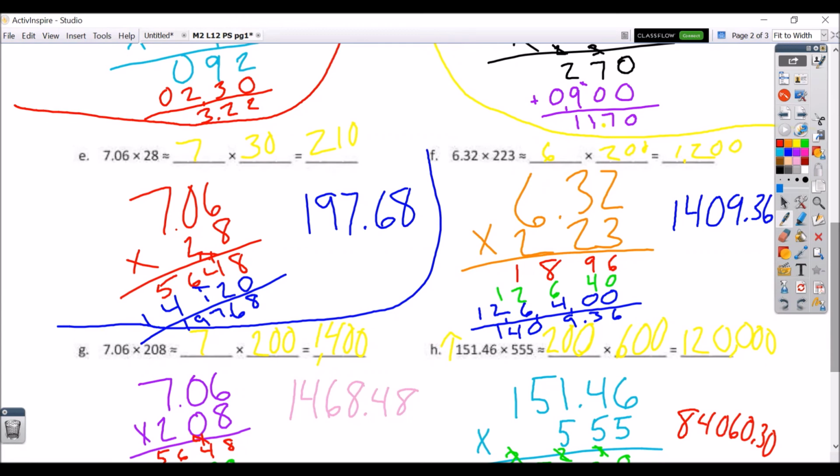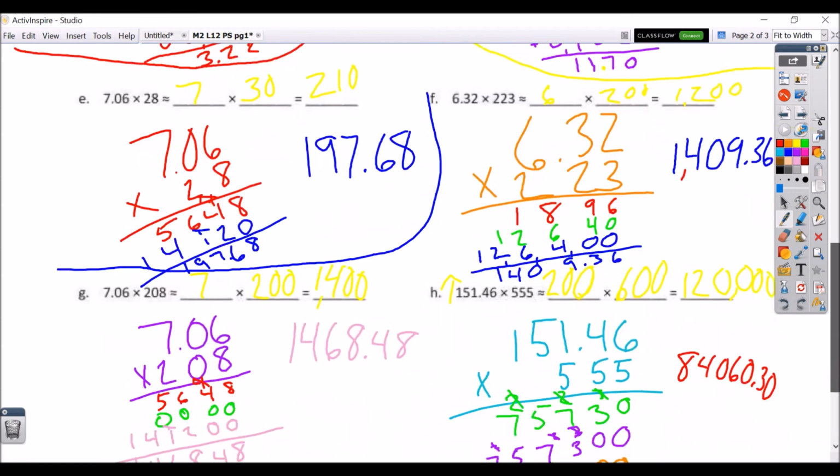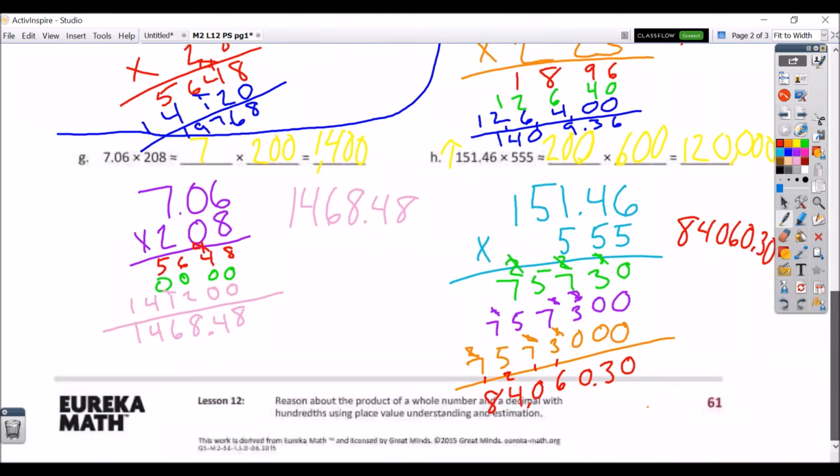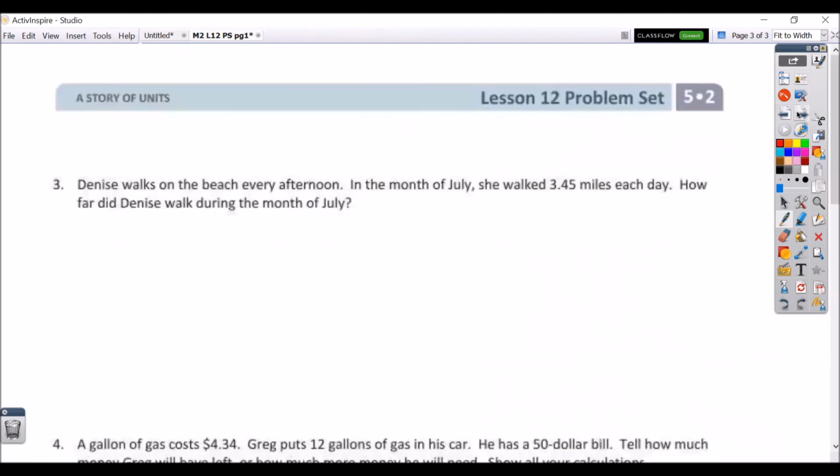So if we look at this answer on F, where it was 1,409 and 36/100, place your decimal and then go back and place where your comma would be. Same thing is true down here on G and H. Make sure you place your comma after you get your decimal so that you're accurate with your placement of that. All right, so let's go ahead and shift into the word problems.